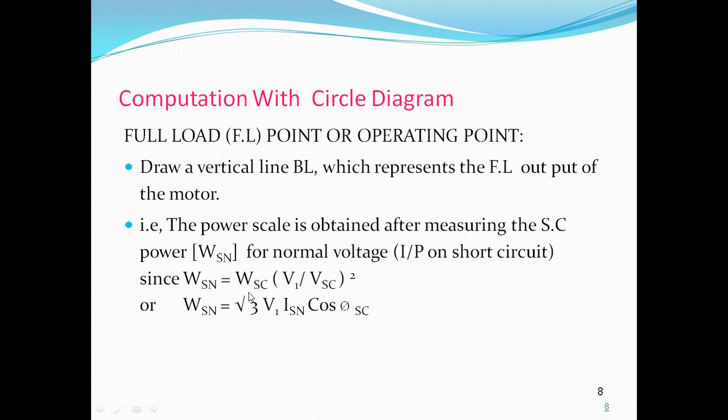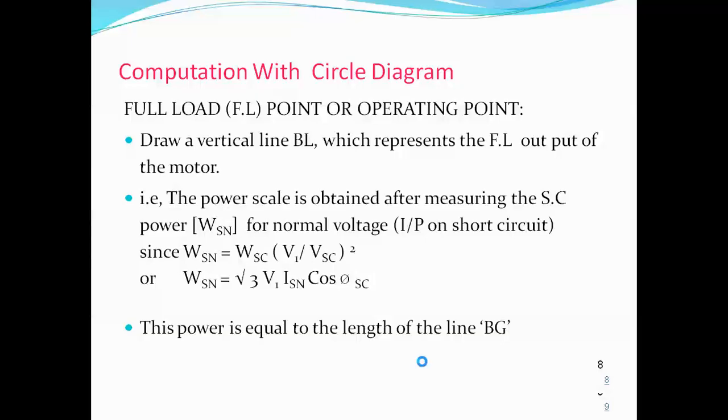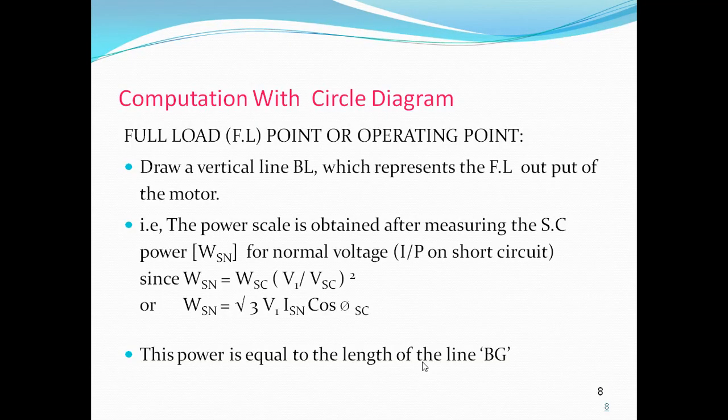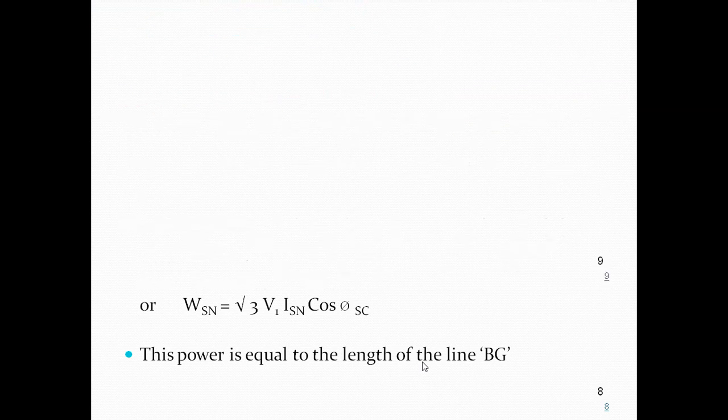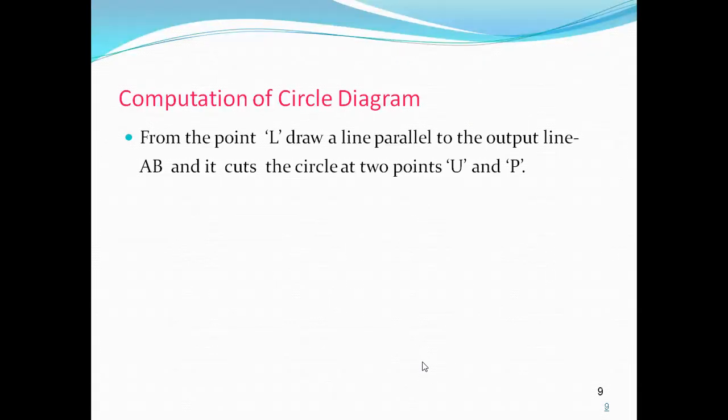Since WSN is equal to WSC into (V1 by VSC) whole square, where WSN is equal to root 3 V1 ISN cos phi SC. This power is equal to the length of the line, that is BG. So you measure the length BG in centimeters.